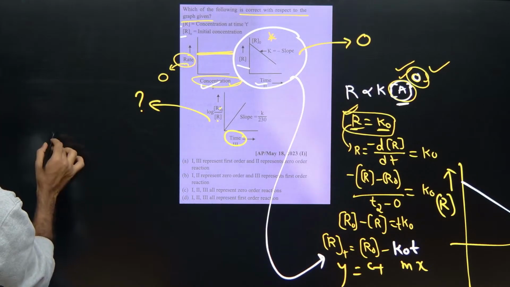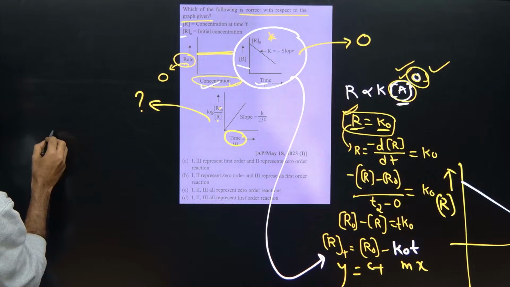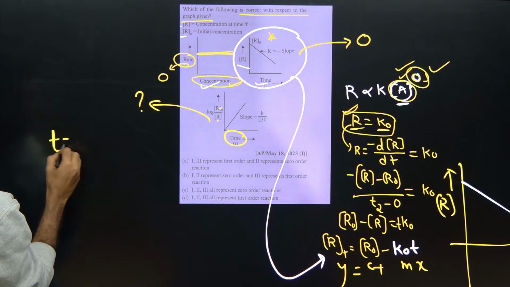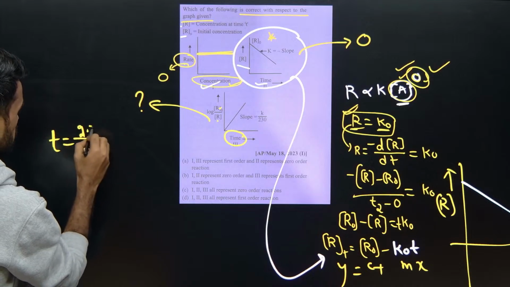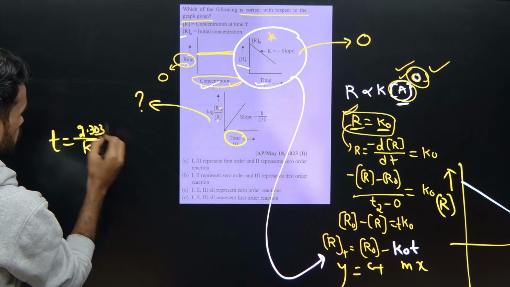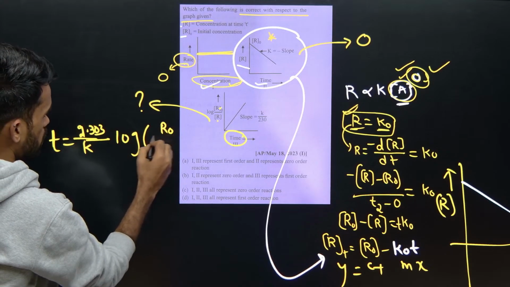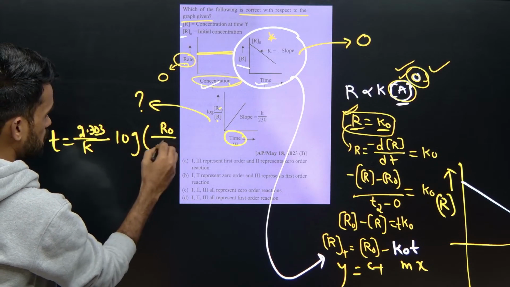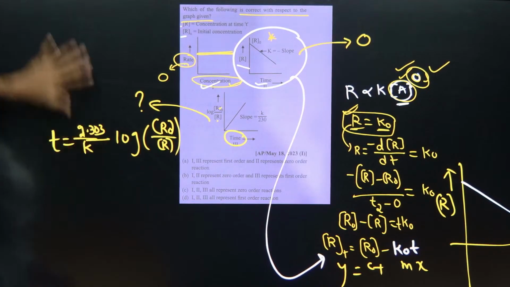Take the first order equation: t is equals to 2.303 by k log of initial concentration R naught by a minus x, that is the concentration of reactant at time t. That's it. Okay, so we got it in this manner.